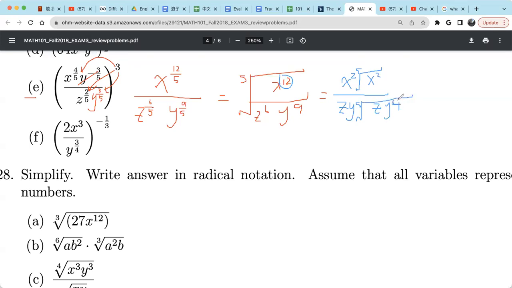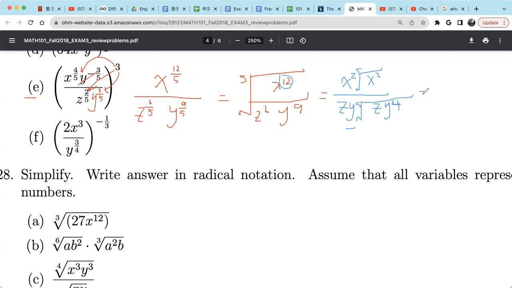Oh, hold on a second. So we have zy, because y raised by 9 can split into y raised by 5 and y raised by 4. Now y raised by 5 with the 5th root becomes y. Now I have z and y raised by 4 inside. So the answer is this.